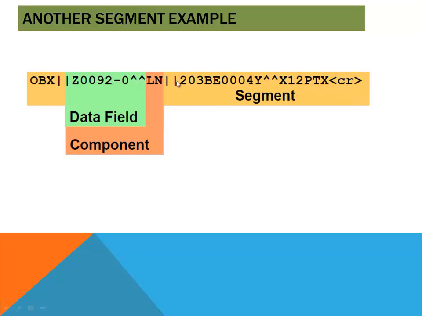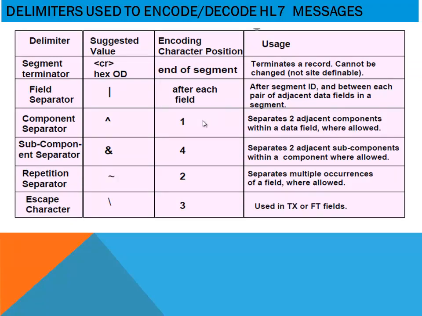What do the return key, vertical bar and character mean? They are called delimiters in segments. We have several delimiters used to encode and decode HL7 messages.